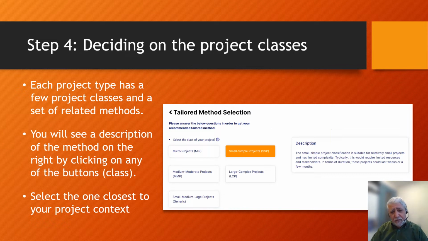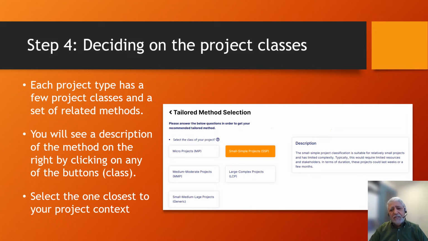At this stage, we have 5 different classifications: micro project, a small simple project, medium moderate project, and large and complex project. And we have small, medium, large, which is generic. If you're not sure which one of the first four classifications to use, you can use the fifth one, and then you can adjust as you start managing projects.